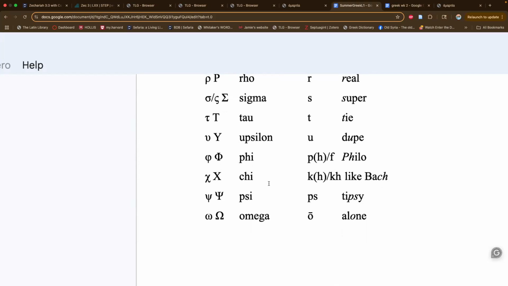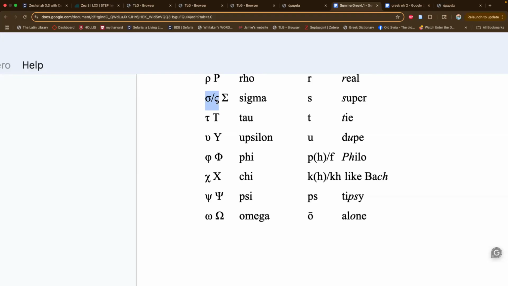Sigma is s. And you'll note that there are two different lowercase sigmas. We talked about it last time, but I'll reiterate. The first one, Yvonne, do you remember what the difference is? Close. Yes.